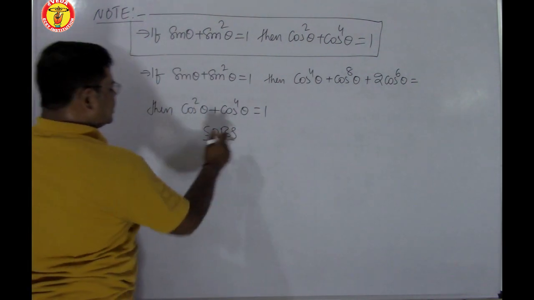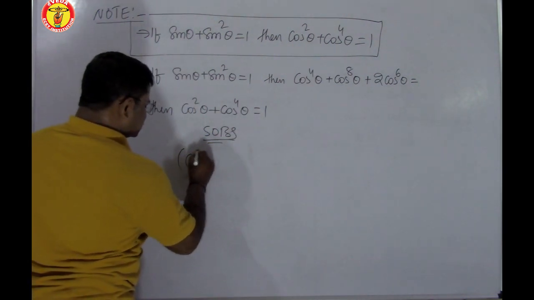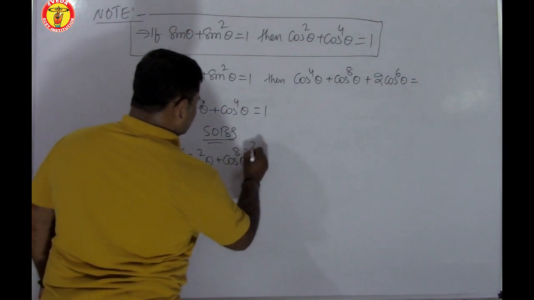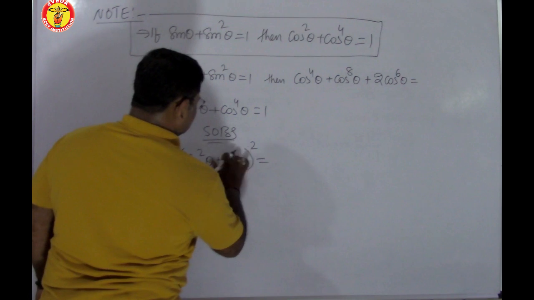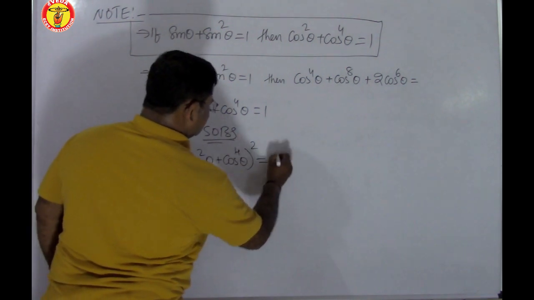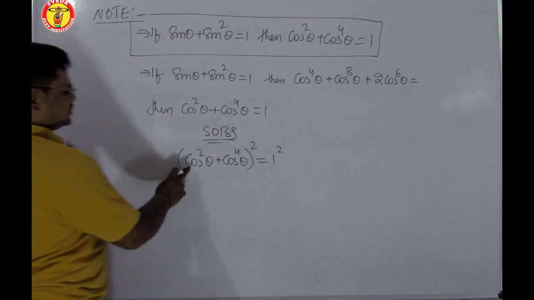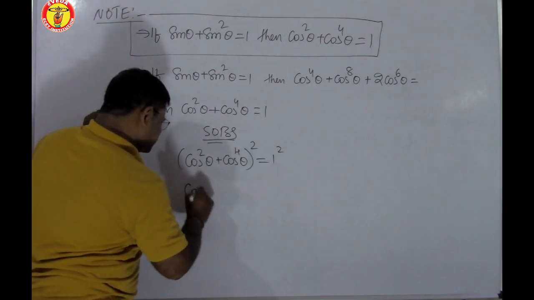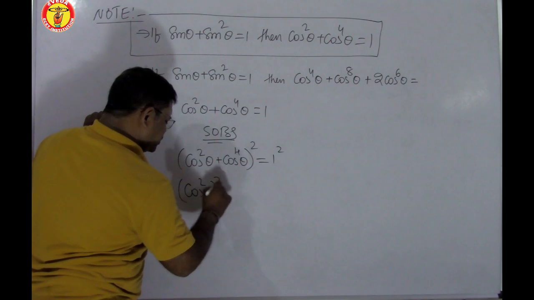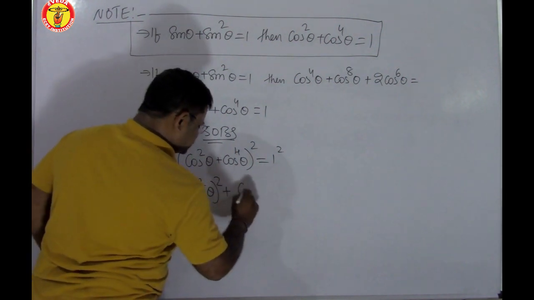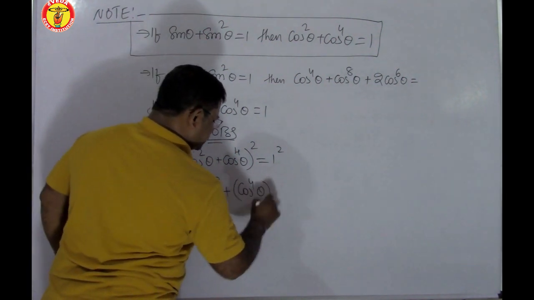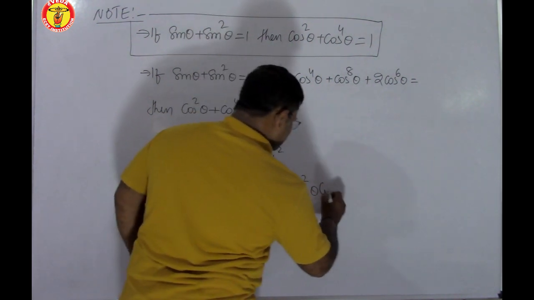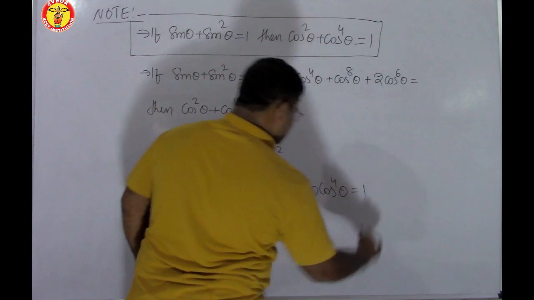When we square both sides, it is cos square theta whole square plus cos power 4 theta whole square plus 2 into cos square theta into cos power 4 theta, which is equal to 1 square, which resembles the form of a plus b whole square, meaning a square plus b square plus 2ab, which is equal to 1.